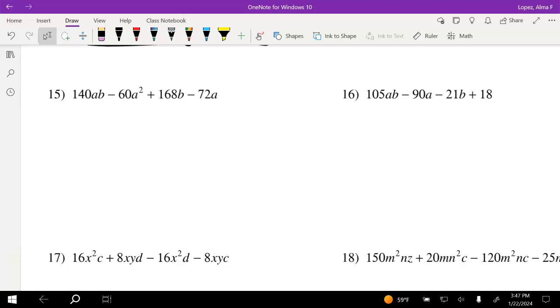140, let's see here, is going to be 2 times 2 times 5 times 7. 60 is 2 times 2 times 5 times, okay, I'm doing this on the fly. Okay, one more time.